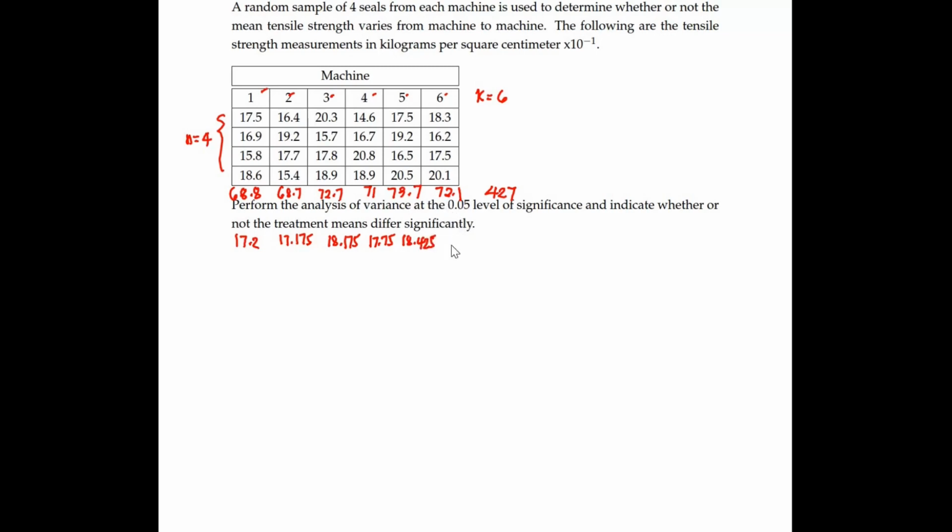And then 72.1 divided by 4 is 18.025. And for the overall mean, we have 427 divided by 24, since there are 24 observations, so 427 divided by 24 will give you 17.79.